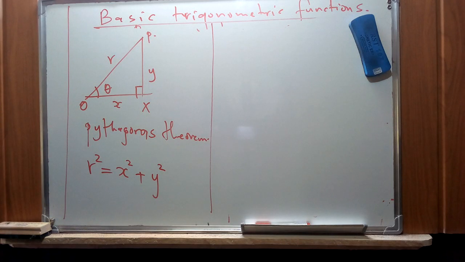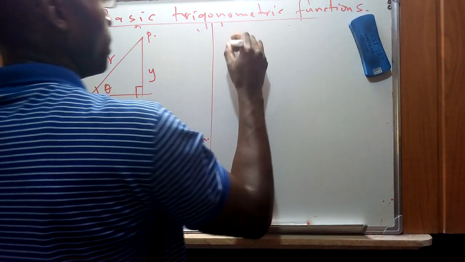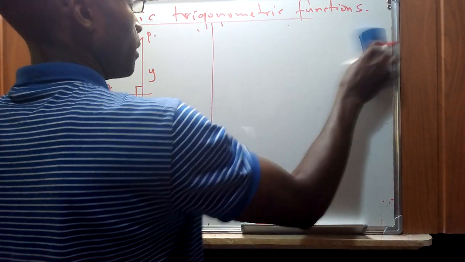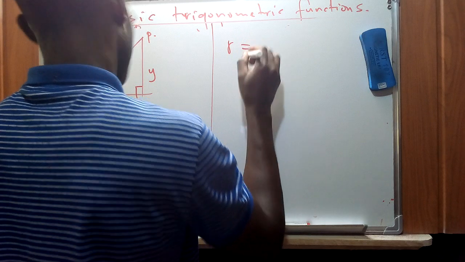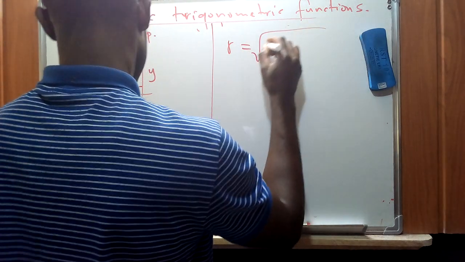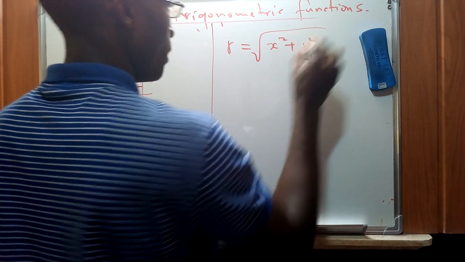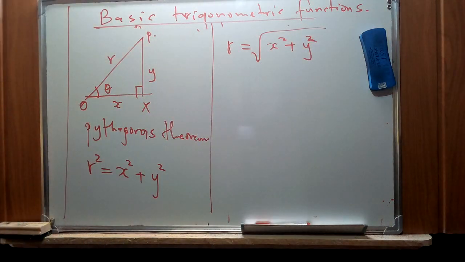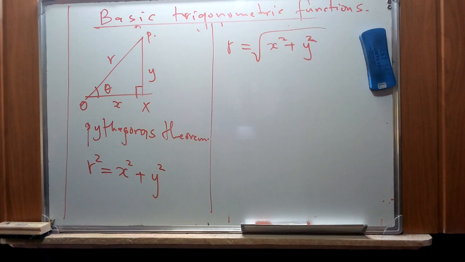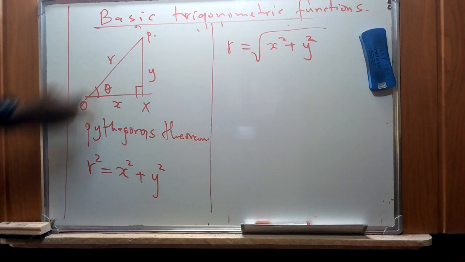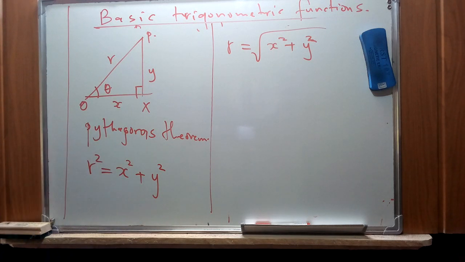Therefore we can give one side, like r, as equal to the root of x squared plus y squared. This is a relationship that exists between the three sides of this right triangle, and they can be given using Pythagoras theorem.